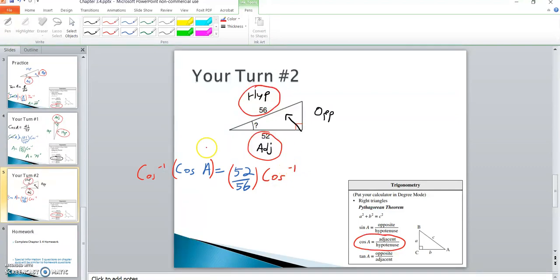Okay, so what you would have done is cos minus 1 both sides. Those cancel out. And I'm left with 52 over 56.